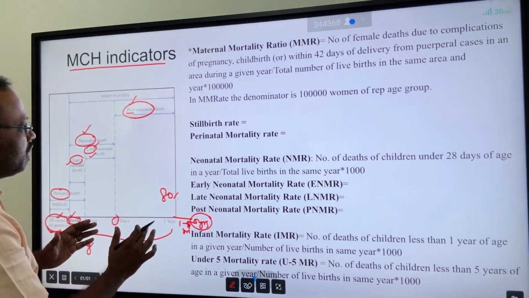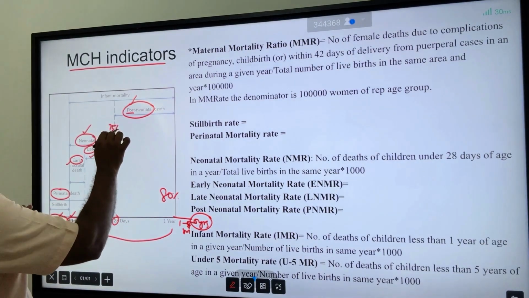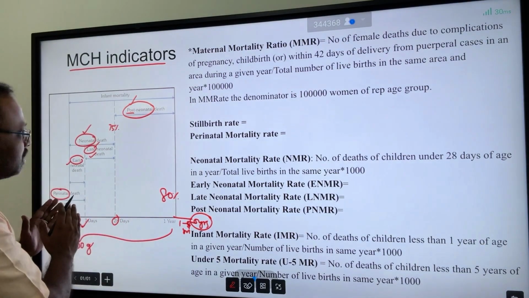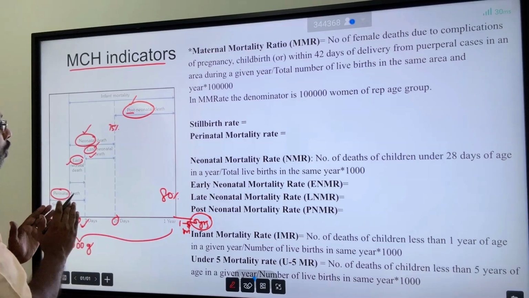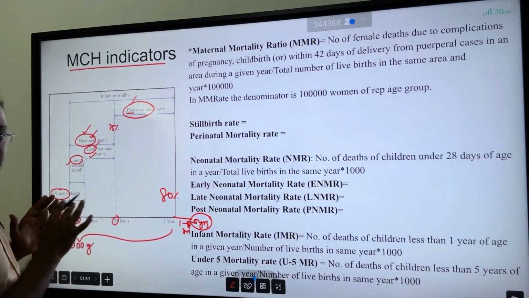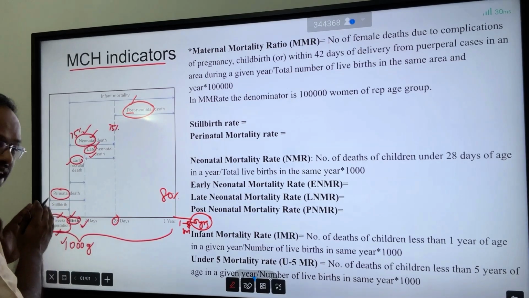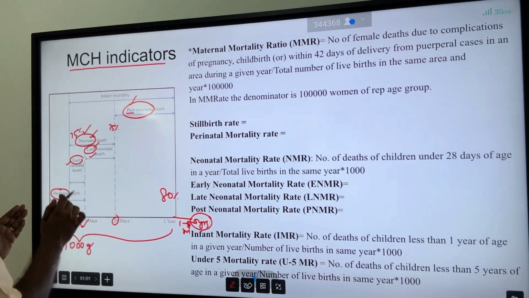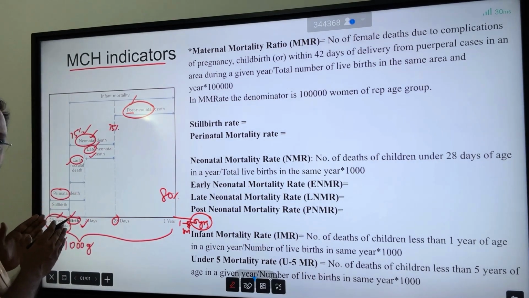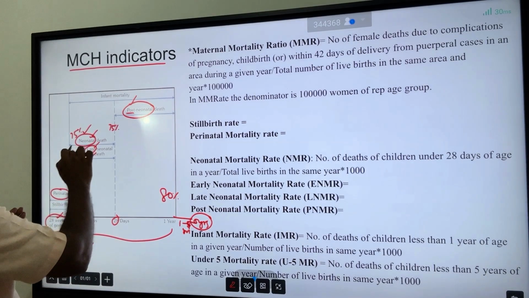And out of this one-year mortality, nearly 75% occurs within 1 month, that is in the neonatal period alone. And out of the total neonatal deaths, nearly 75% occur within this early neonatal period. So the most important period that we should be careful about is this early neonatal period.